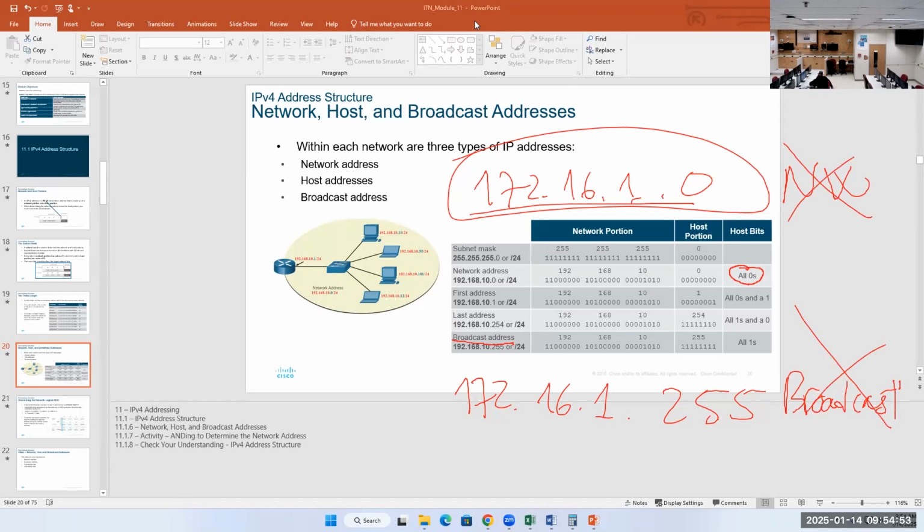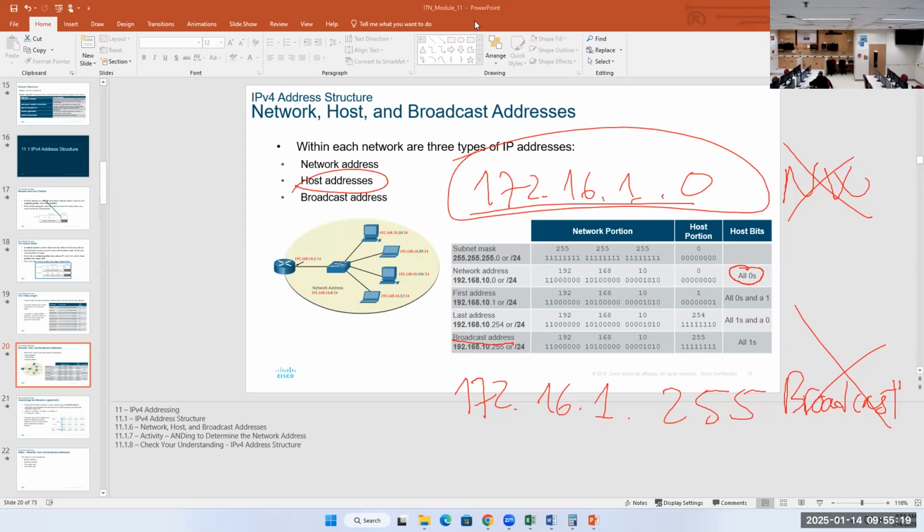You cannot use them. That's why for every network, you have to reserve two addresses: one is the network address, and one is the broadcast address. You cannot give them to a computer, server, or printer. Everything between the network address and the broadcast address is a host address, which you can use.